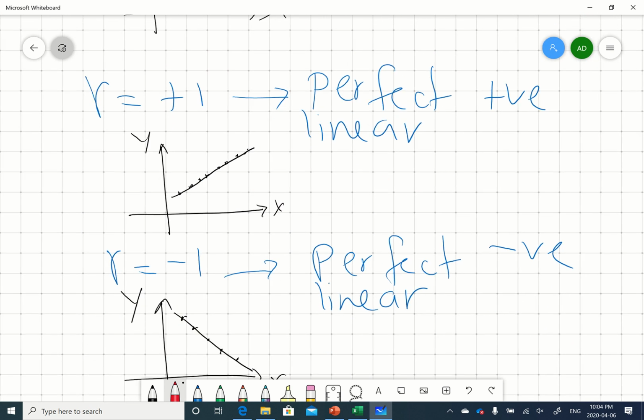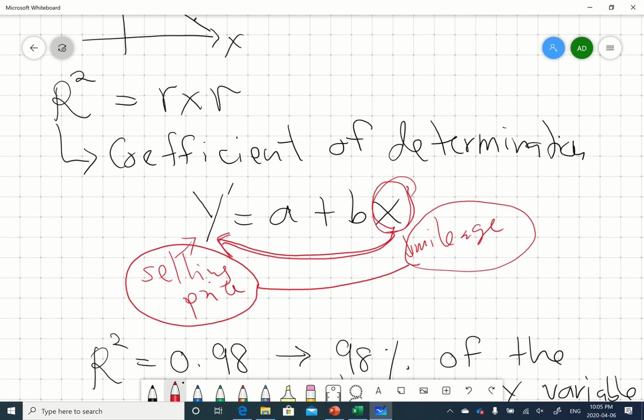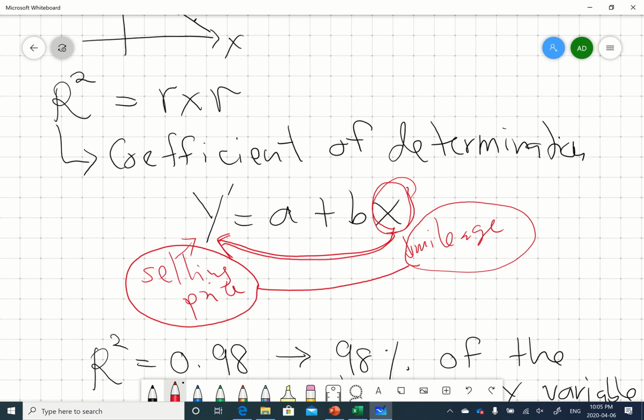And then the last topic, the coefficient of determination, is simply the square of the correlation coefficient.